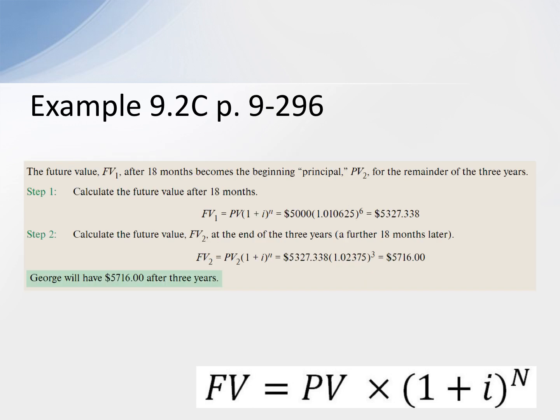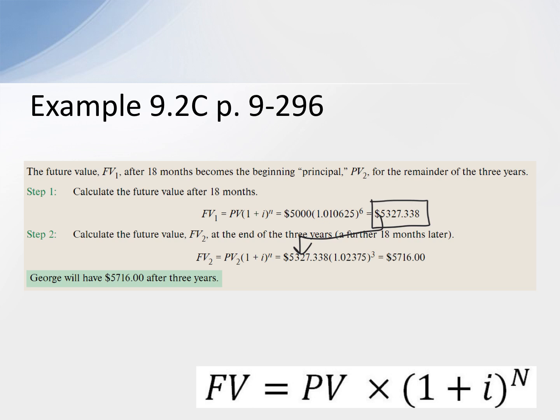Using our financial calculator, we would have determined that in the first time segment, the $5,000 was worth $5,327.34. Again, you're going to try and keep as many decimals as possible to increase your accuracy. And then you can see that this future value becomes the present value for that second segment.